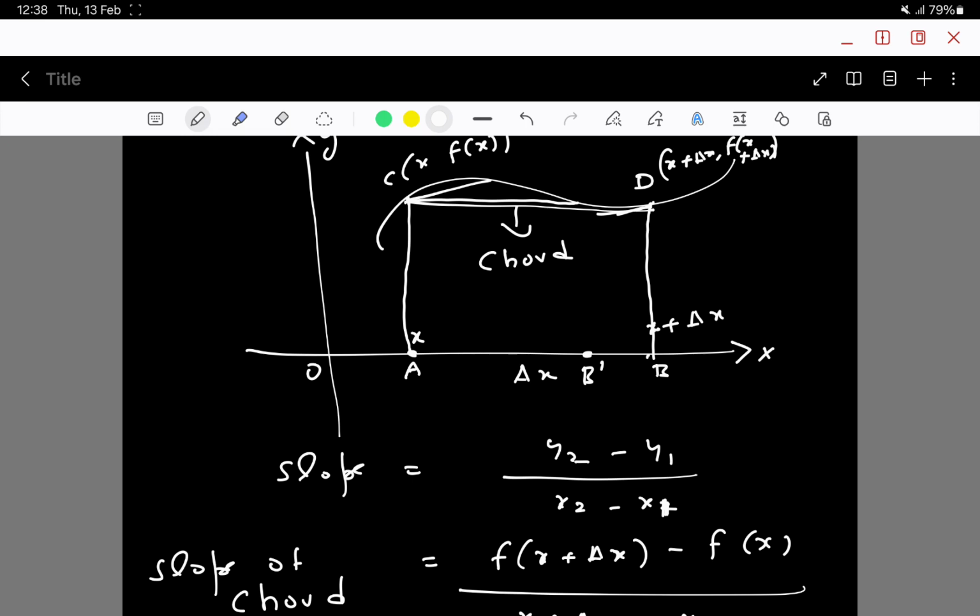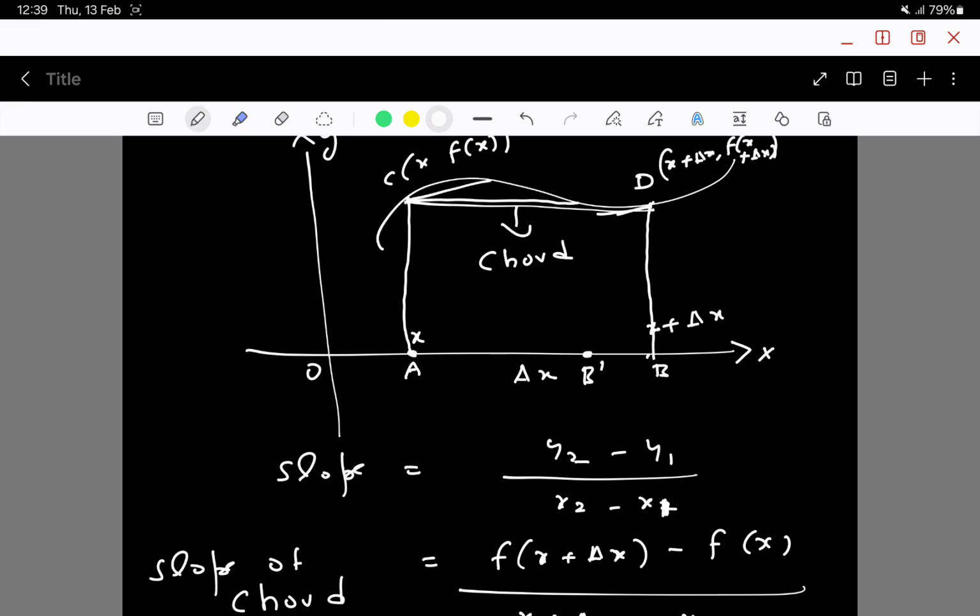When delta x decreases its value, the point B comes very close to A. That means delta x approaches 0. When the point B approaches the point A, it means delta x approaches 0.